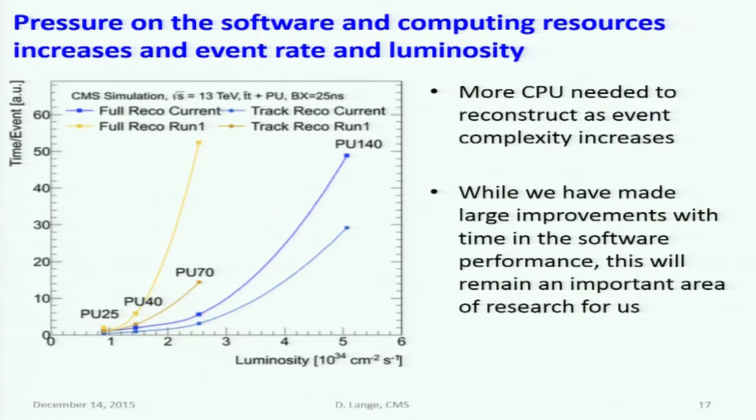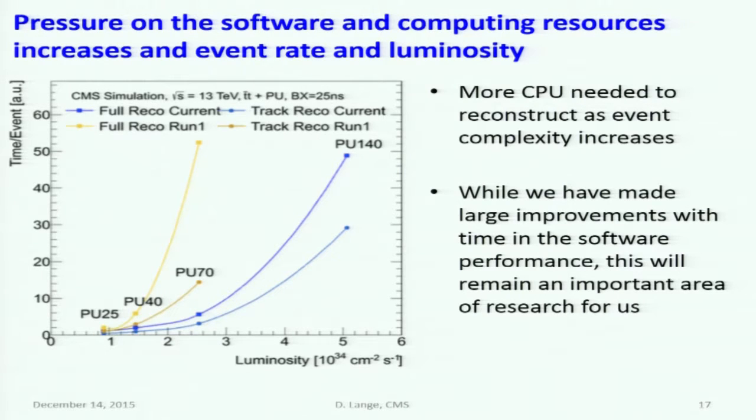The first is that the current line is run 2, and the other line is for run 1, so that's a span of about 3 years. The point is that we've been able to reduce the resources we need to do our event reconstruction by about a factor of 3 in a few years.